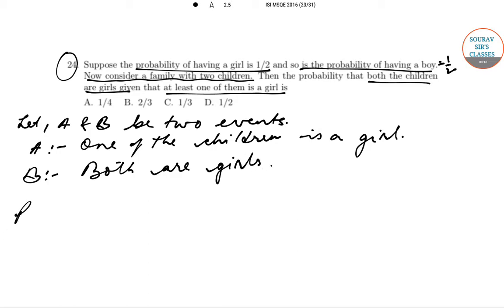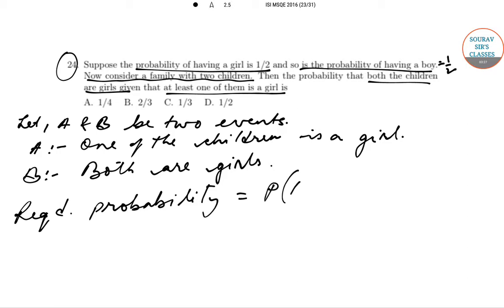So the required probability here will be P of B upon A, where it indicates the probability that both are girls subject to the condition that one of the children is a girl. This is the probability that we are looking to find out.